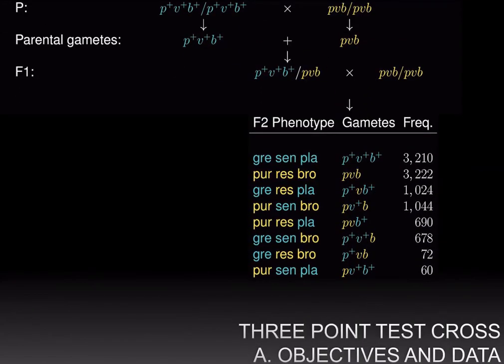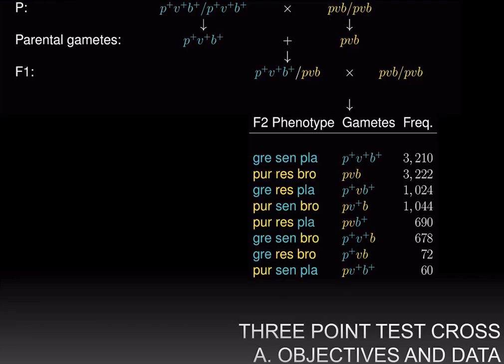And this table shows the kind of data that you obtain in a 3-point Testcross and which will be typically posed to you in such problems. And here you are given the genotypes of the gametes of the trihybrid individual.